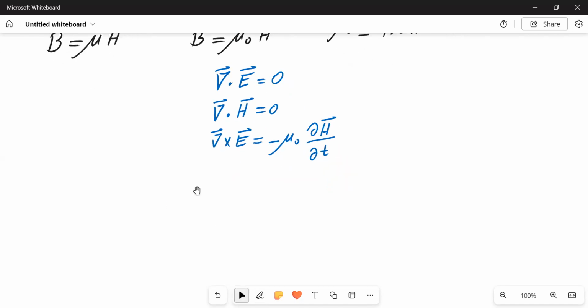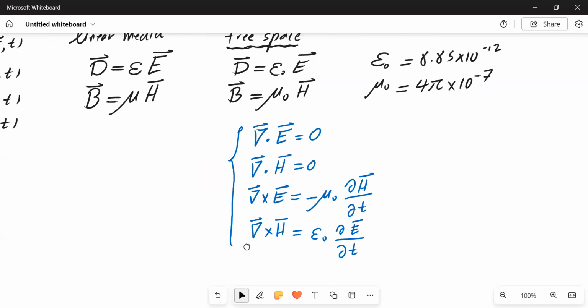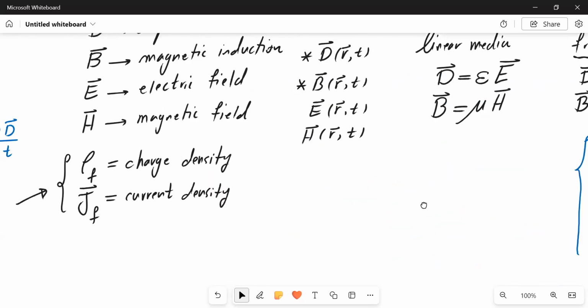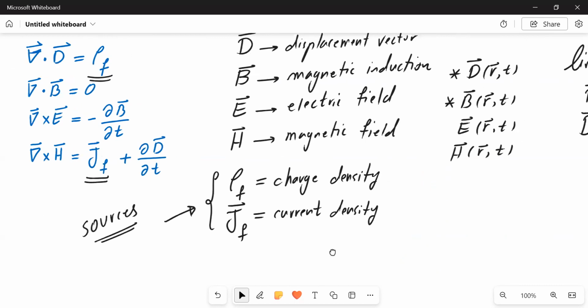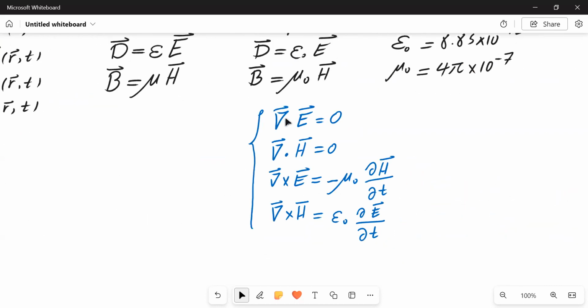And finally, the fourth equation would give the curl of the magnetic field as epsilon naught times the partial derivative of the electric field. If you want to know where these come from, it's very simple. All you have to do is, in the original Maxwell equations, let D be epsilon naught E and B be mu naught H, and consider rho and J to be zero. And in that case, you can easily find the form in vacuum or in free space.